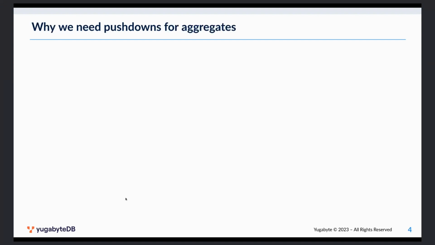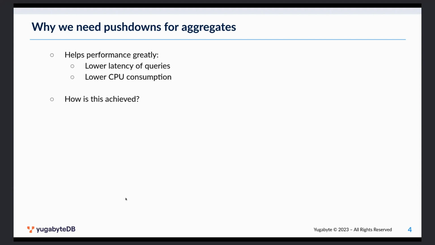So why do we need pushdowns for aggregates? It helps performance very much, such as lower latency of queries and lower CPU consumption. And how does that happen? Well, we're moving aggregation closer to the data instead of shipping the data back and then aggregating it.